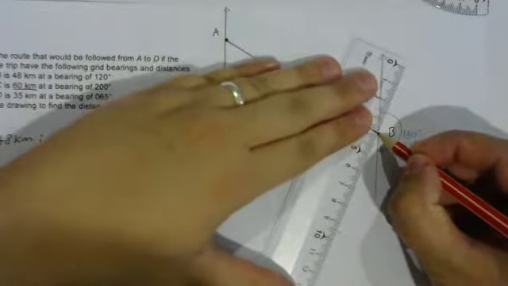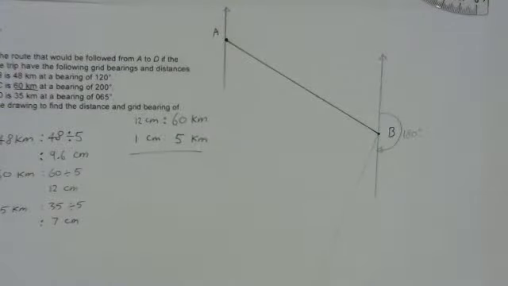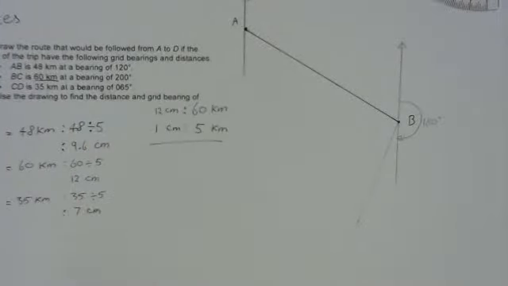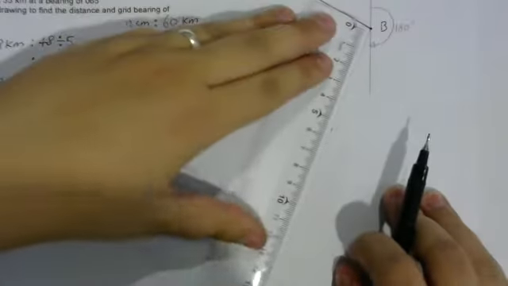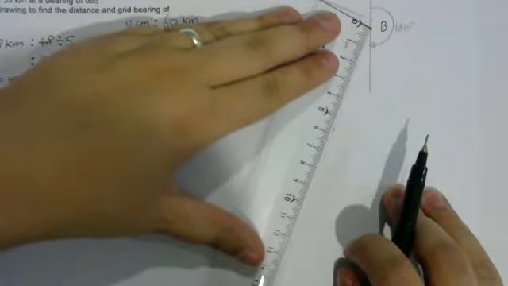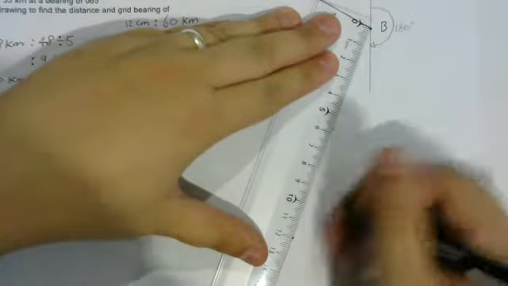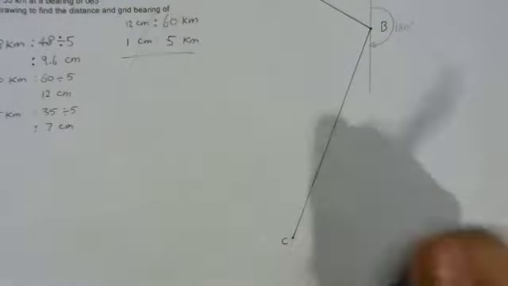And then we need to draw a line in that direction. We calculated that the distance is going to be 12 centimeters. So we're going to use our ruler to measure out 12 centimeters, just over here. I'm going to draw that section of my route. Point C.